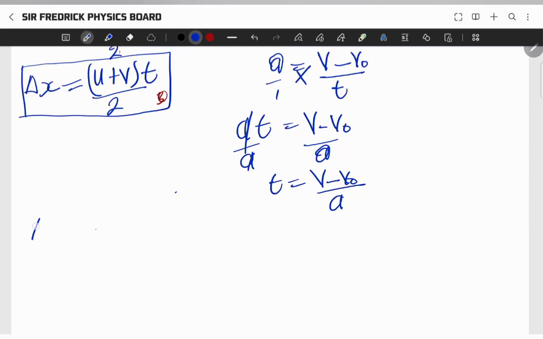So the equation will look like this: x is equal to v naught plus v over 2, then this side we are going to have v minus v naught, then over a. Then what do we do?